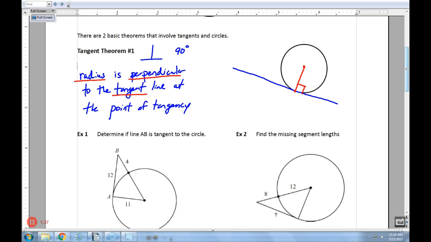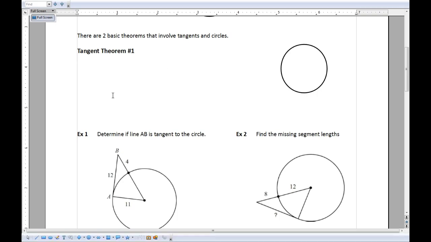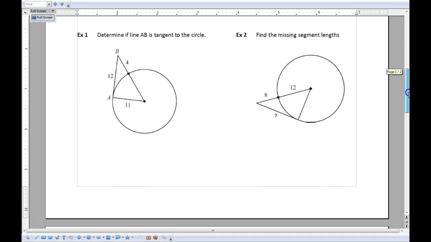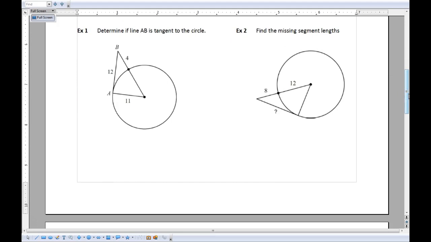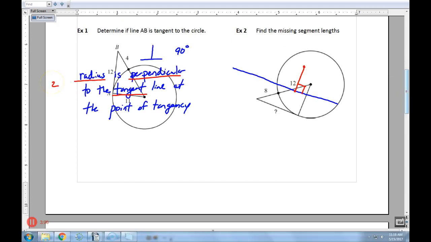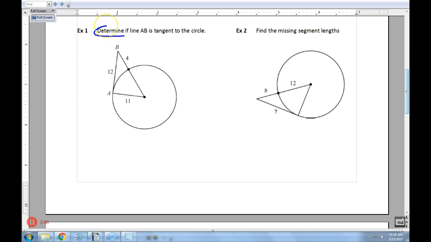So let's go down and do a couple examples. Example 1 says determine if line AB is tangent to the circle. The only way I can do that is to check, and let's put a C here for the center of the circle, whether the measure of angle A is 90 degrees.